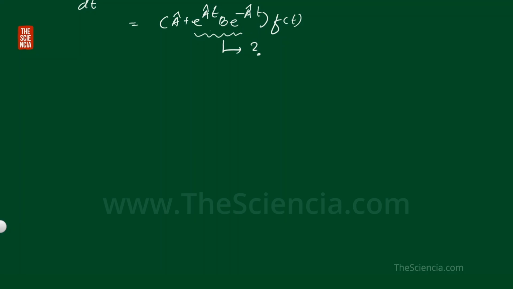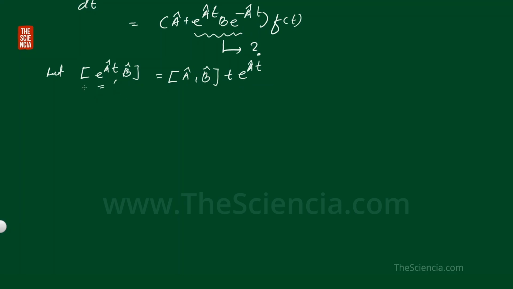To evaluate this term, let us consider the commutator of e^(At) and B. What is this commutator? We know this is a function of A and B. So the commutator [A, B] is our trick. The e^(At) is a function of the operator A, so we take the derivative of e^(At) with respect to the operator, and we get t e^(At).